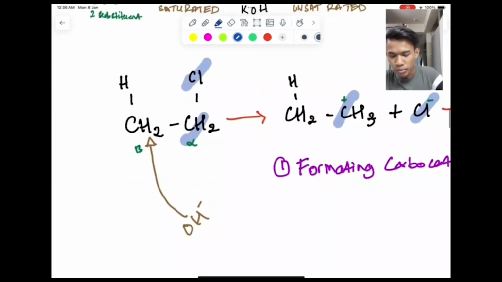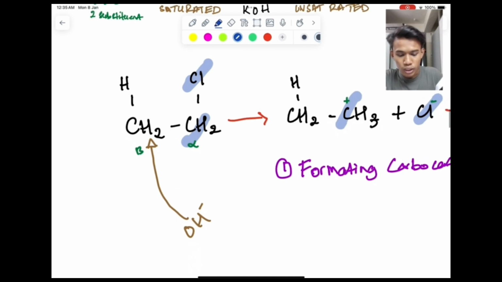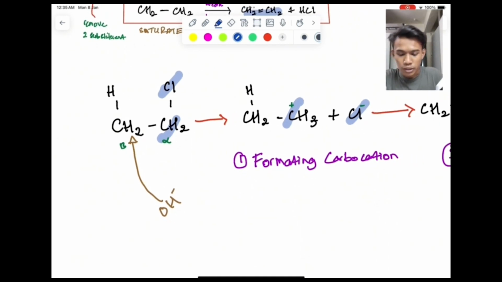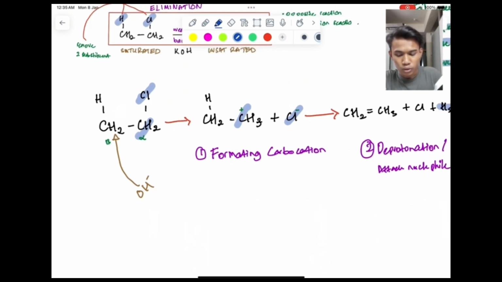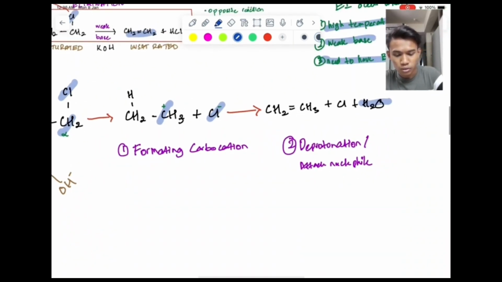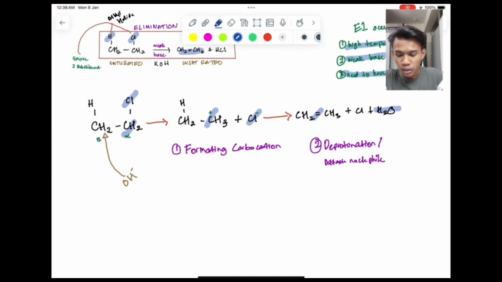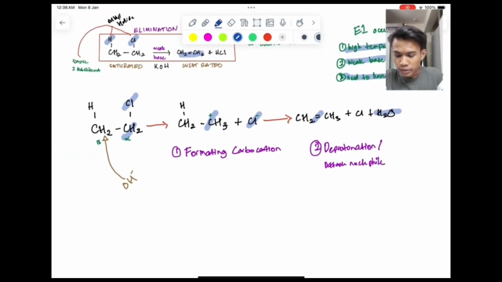And the carbon at beta will form a new bond with the alpha carbon. It will form a double bond here, a new pi bond. So that leads to the final product of elimination reaction.